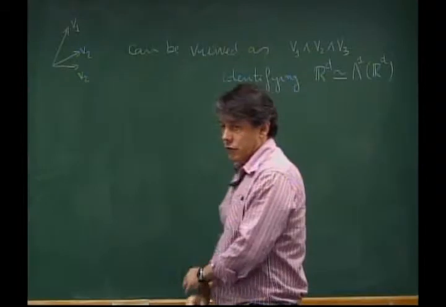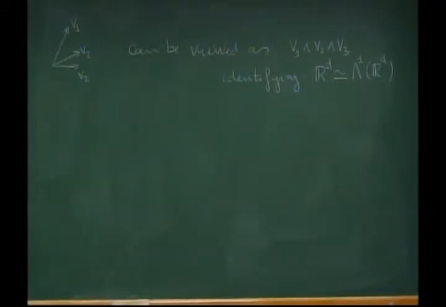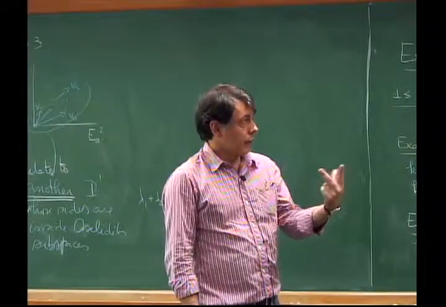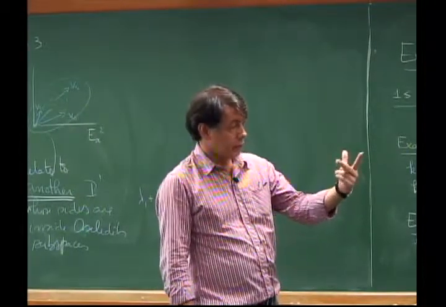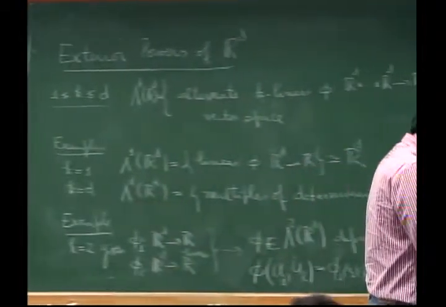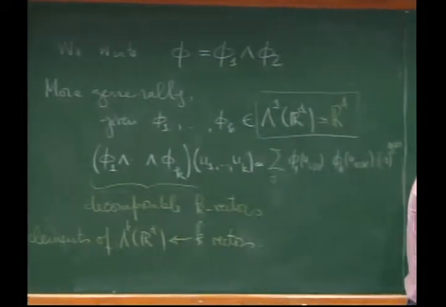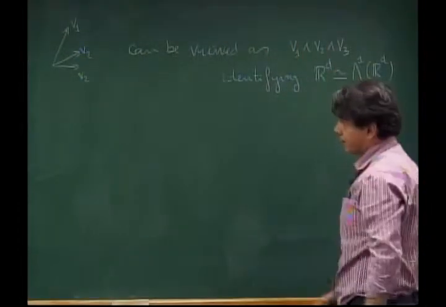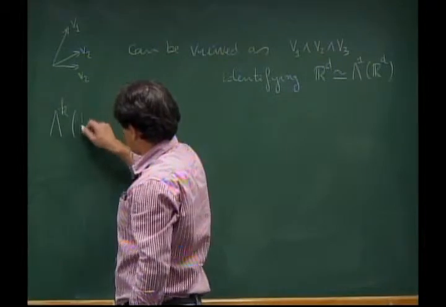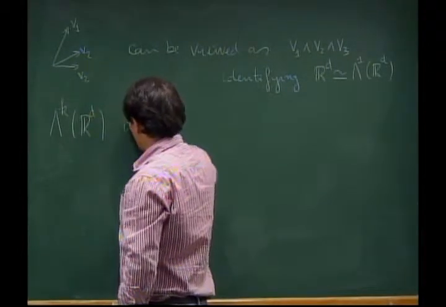You choose one identification once and for all, and then three-vectors I may think of as three linear forms. And the parallelogram they form, I may think of as corresponding to this expression.